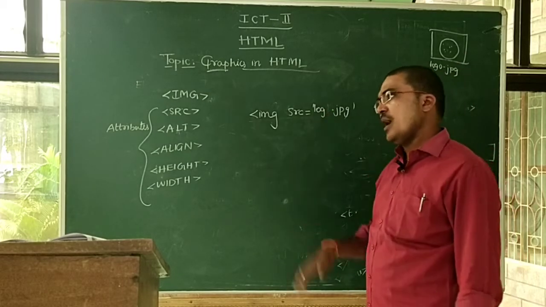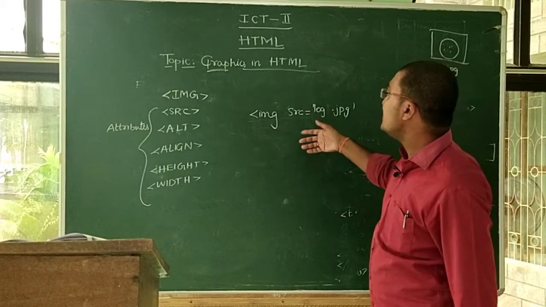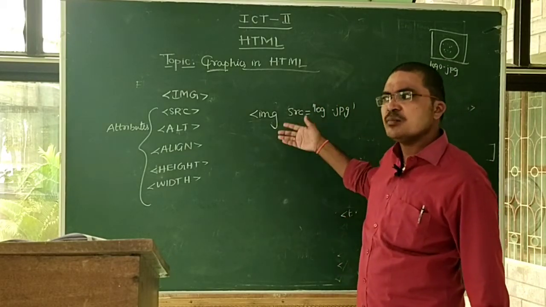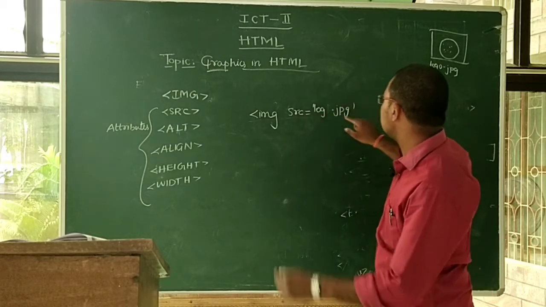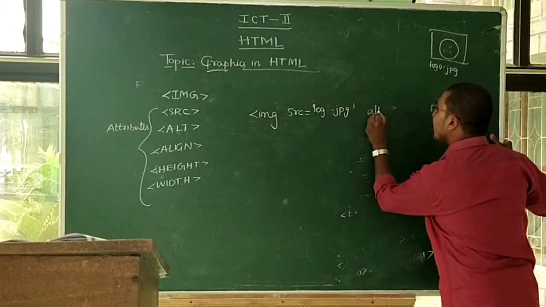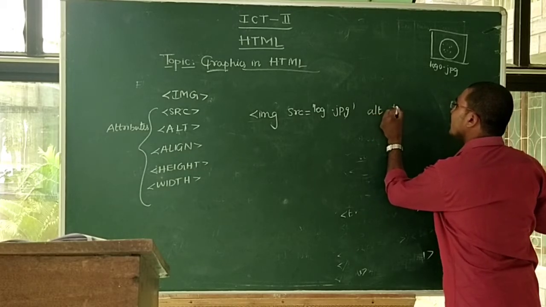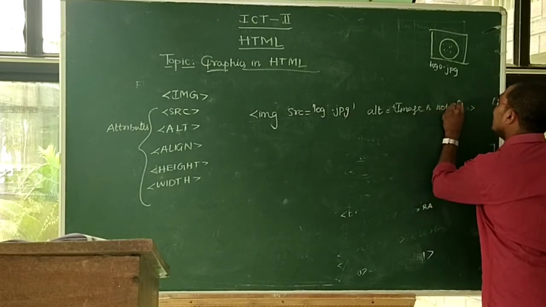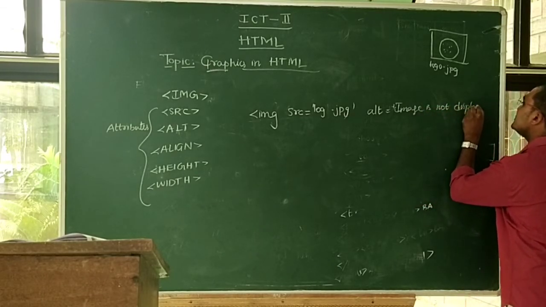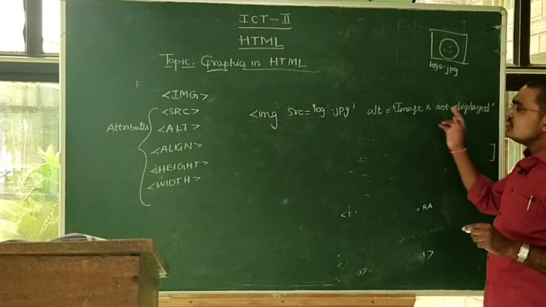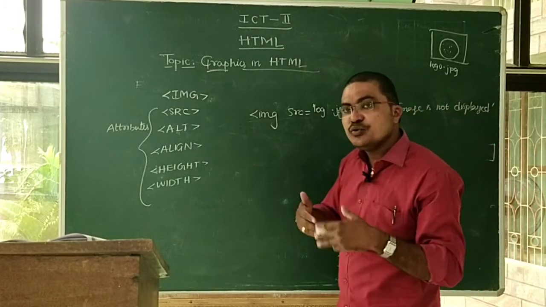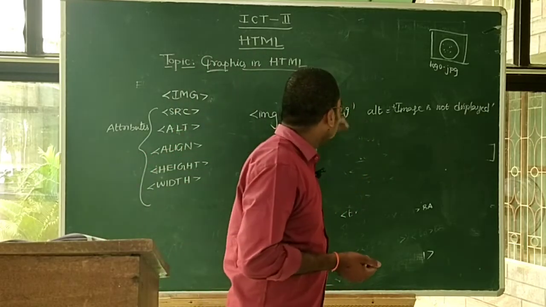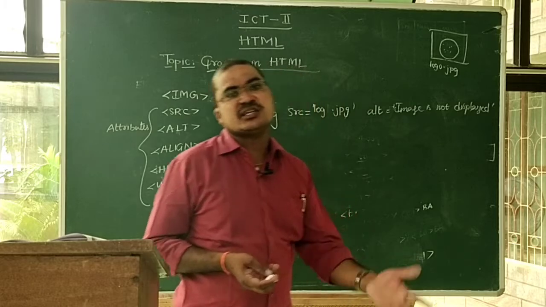No. If any mistake occurs in the name or naming entry, or anything is missing, we arrange alt is equal to, okay, "image is not displayed". So in case, when viewing a web page, the proper image is not loading, then the image is replaced and the text "image is not displayed" appears.